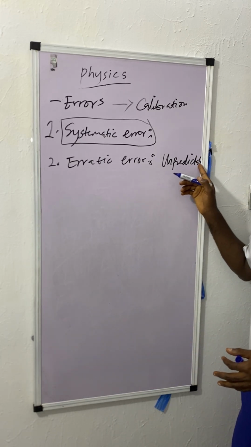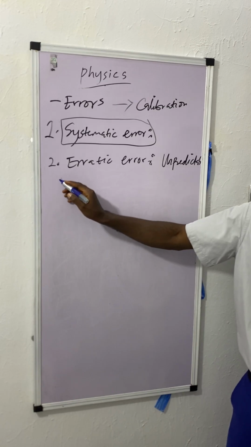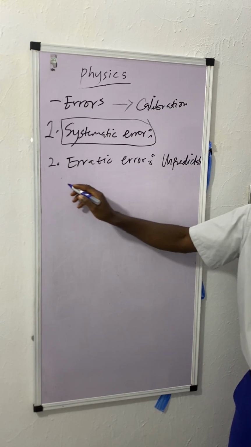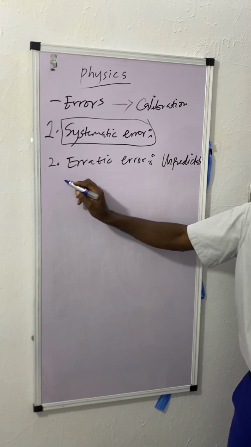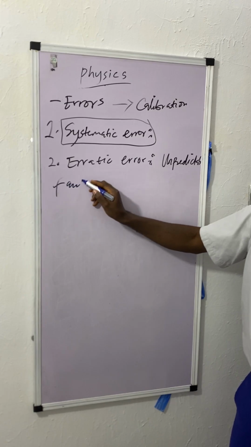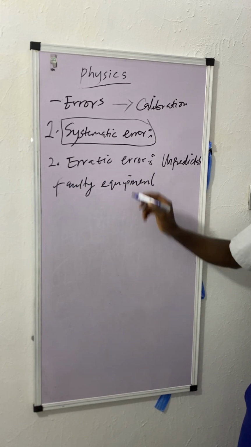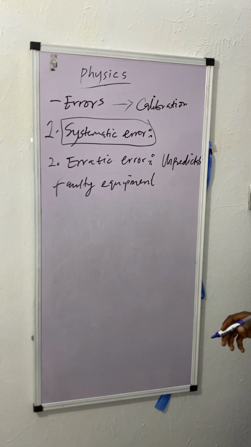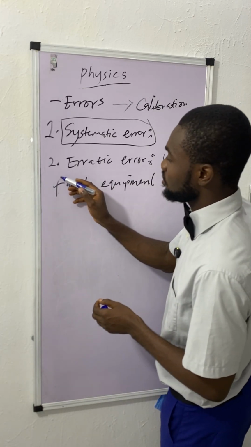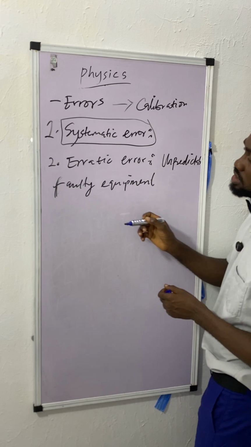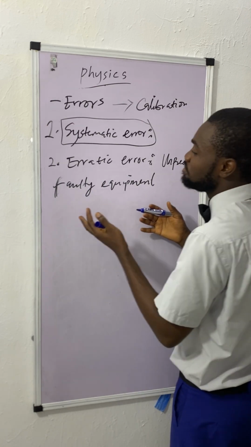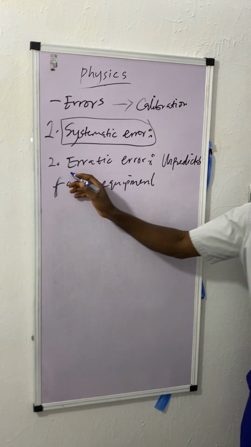It can be related to unpredictable factors, also related to faulty measurement equipment. Maybe you are measuring something now, and because the equipment is a bit faulty, you are finding it difficult to get stability during your measurements. That is an erratic error.